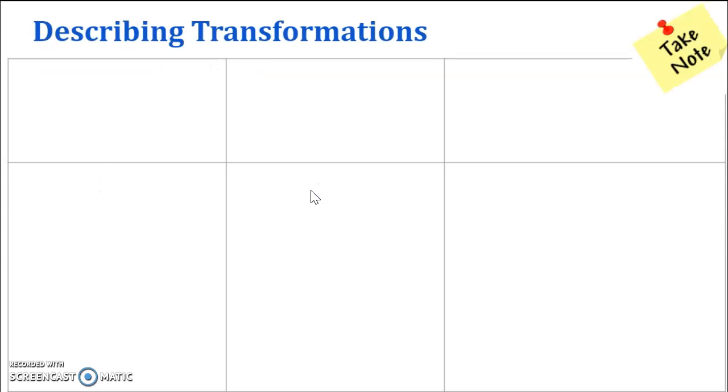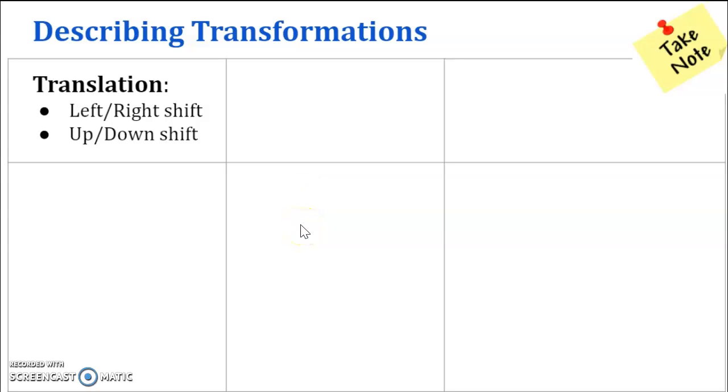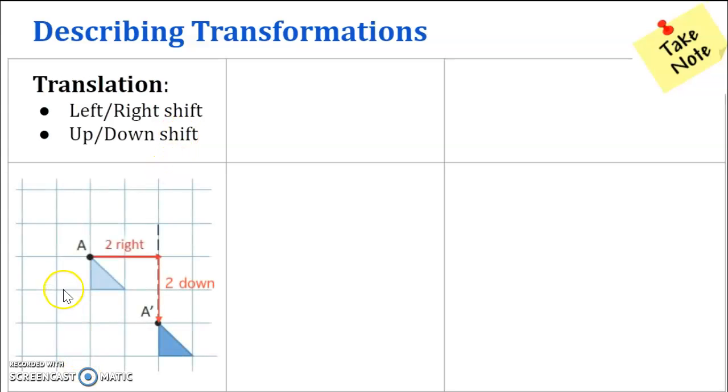And before we get started, let's summarize the three different transformations that we know about. What are they? The first one is translation, where a shape can be moved left to right or up and down. Another term for it is shift or move, such as the light blue triangle is moved to the dark blue triangle.